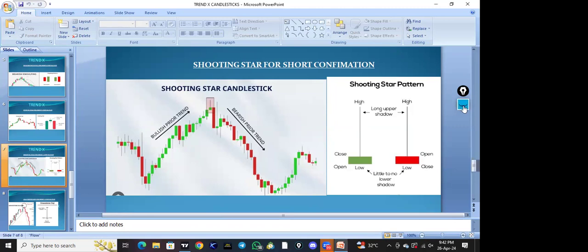If you see one this way with a big wick and a small wick, don't think, okay, this is not a shooting star, I cannot look for a short. You can take it, this is an inverted hammer again. This is also a reversal sign. If there is no wick, that is a shooting star. If a small wick, that is an inverted hammer. Both are the same, and let it be green or red, it doesn't matter.